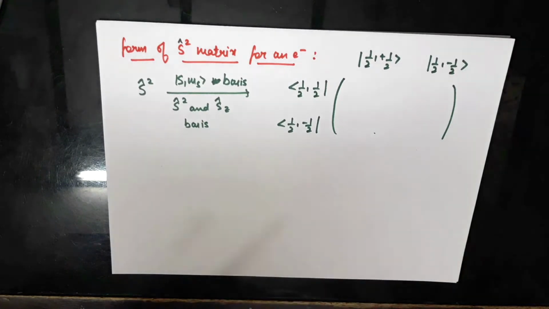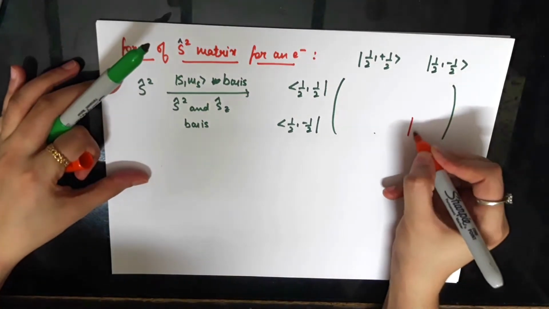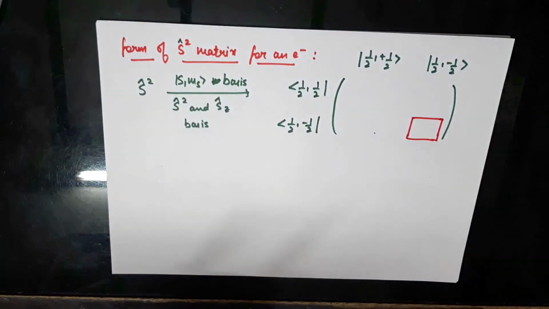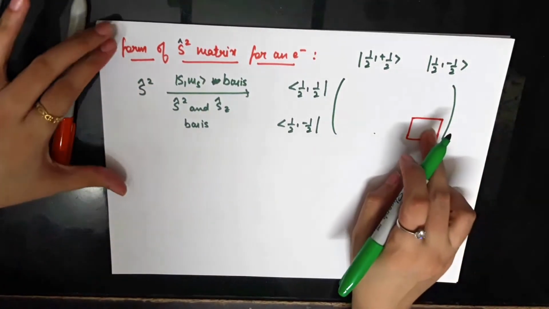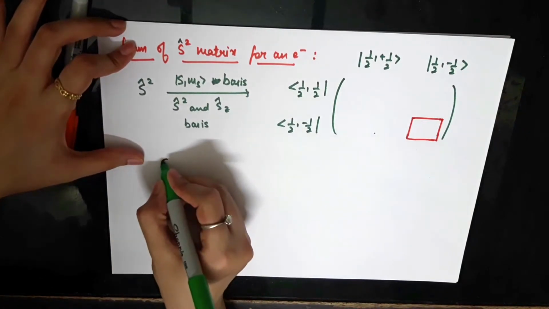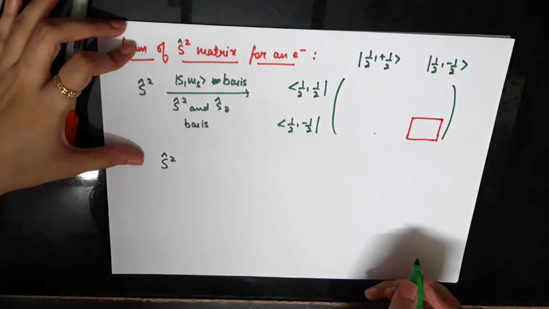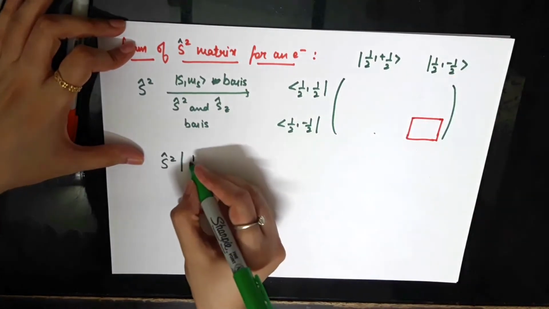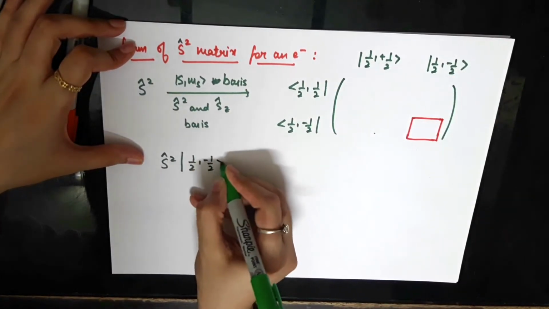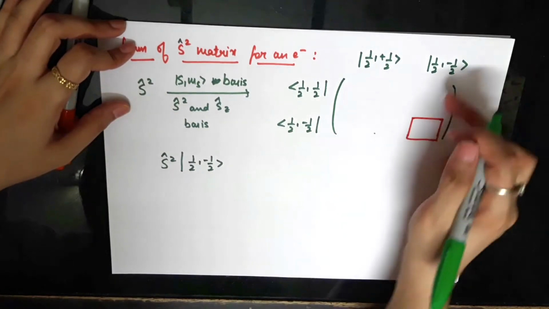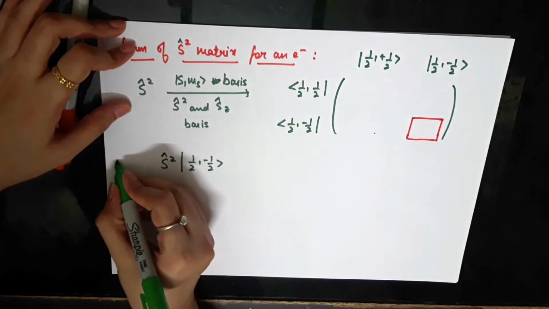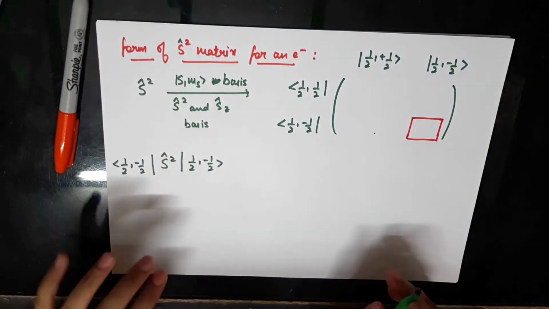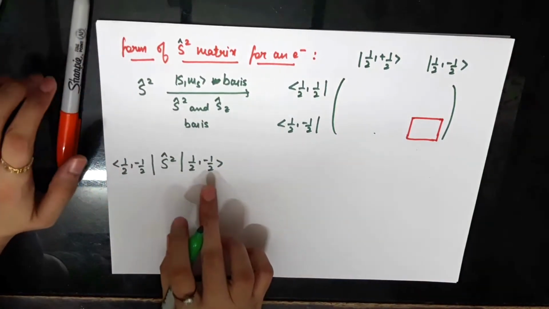So I can do the computation for one of these, for example this matrix element. The matrix element is for the S squared operator, and the column entry is half minus half, and the row entry here is also half minus half. Now I should know how it acts on these kets.